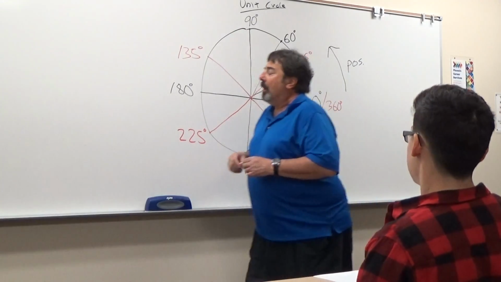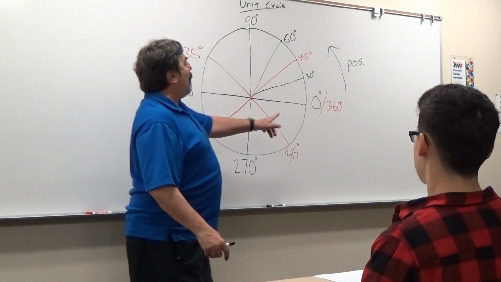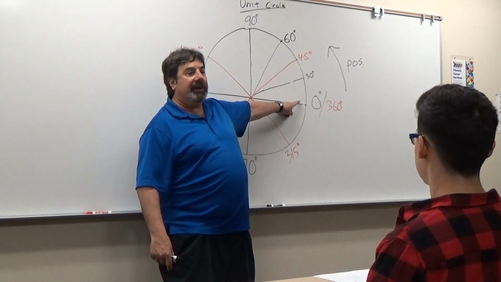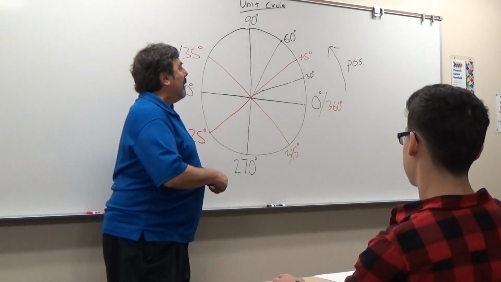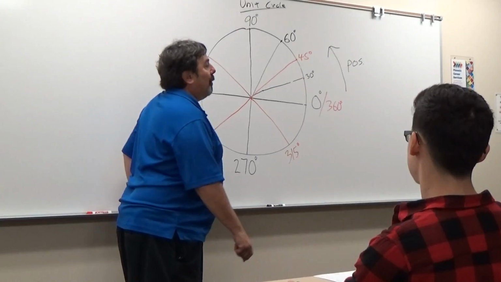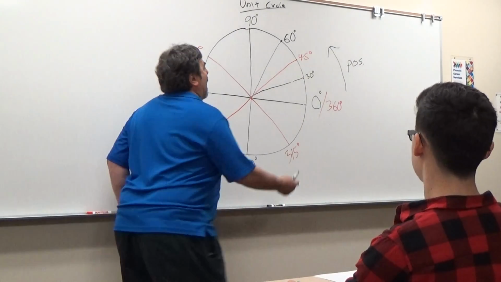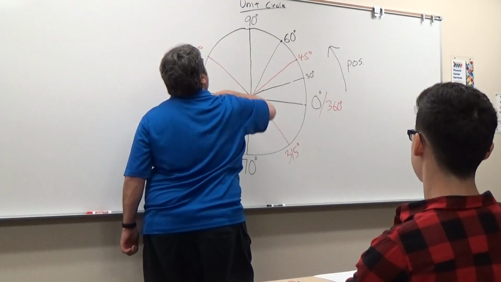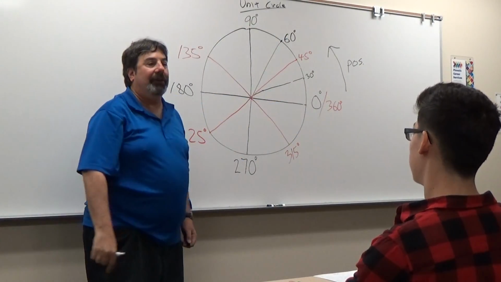Now, if we go in the clockwise direction from 0 degrees, starting from right here, if I go in this direction, our angles will be, what do you think? What kind of angles will they be? If they're positive in this direction, going from 0 in this direction, they'll be what kind of angles?